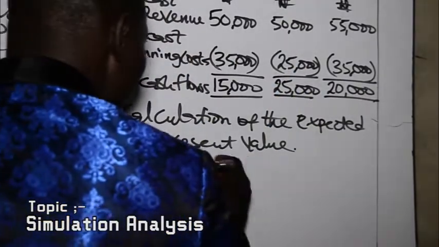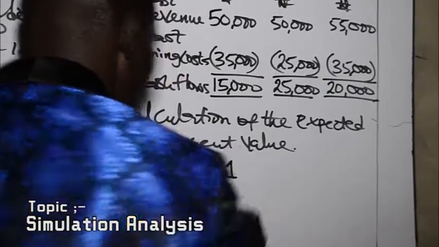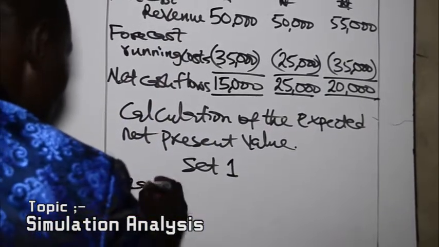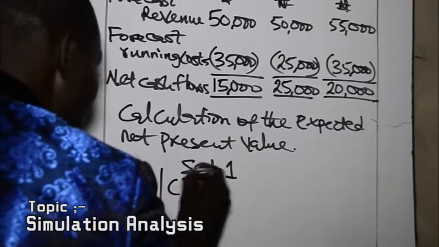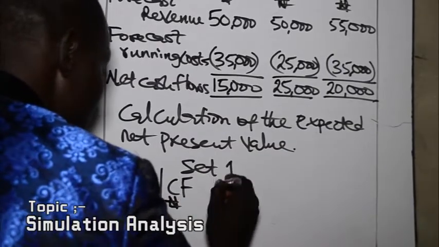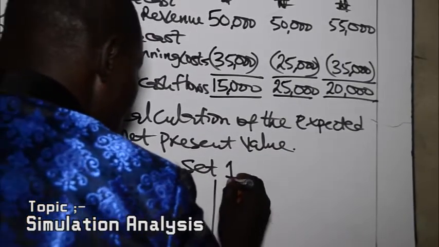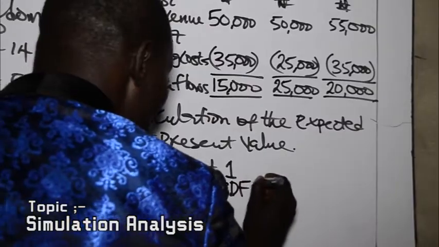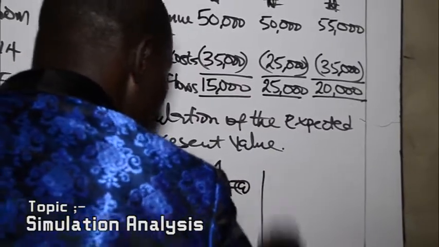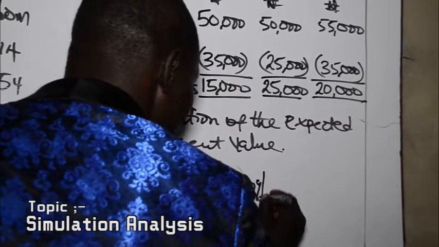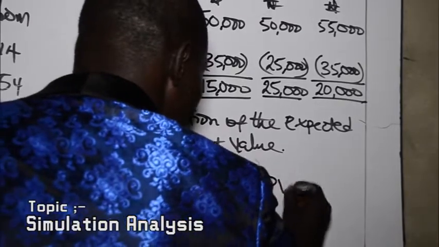Let's start with set 1. For set 1, you have the year, then the cash flows, then the cumulative discount factor at the cost of capital of 12%, then the present value.